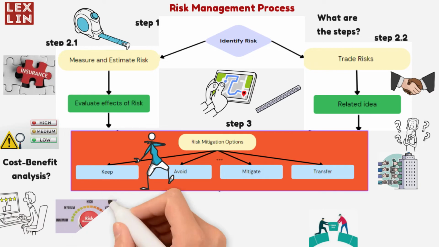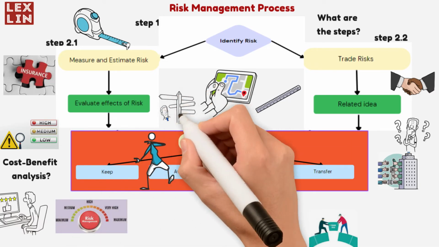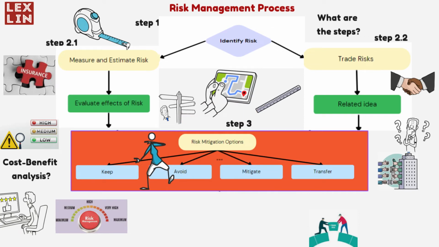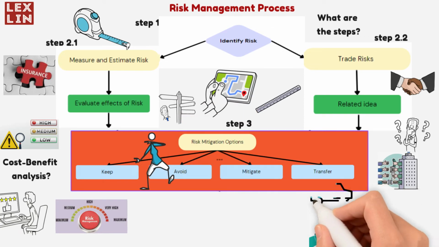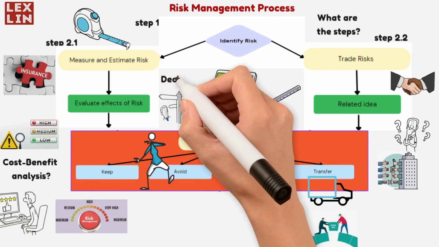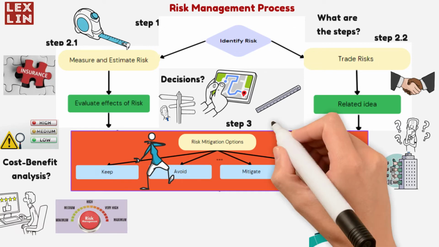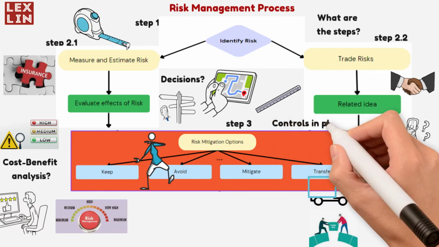And you can mitigate the risk, which is you can put controls in place to prevent that risk. So, say for instance, if it's a public facing website, so there you go, you put your firewall in front of it. You put your web application firewall, which monitors for cross-site scripting and SQL injection, and then of course the transfer aspect, which is buy cyber insurance.